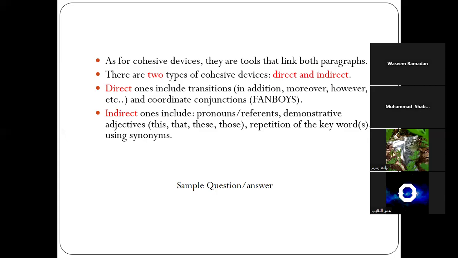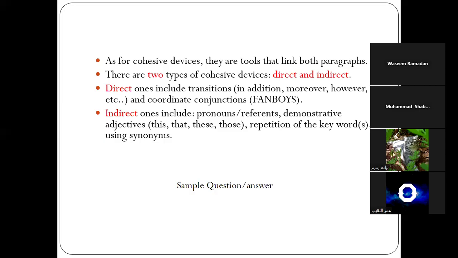We have two types of cohesion, direct and indirect. If the second paragraph begins with any type of transitions, which I'll remind you later, in addition, moreover, however, on the other hand, it's direct. Also, if it starts with a coordinate conjunction or fanboys, for, and, but, or, yet, so, it's also direct.